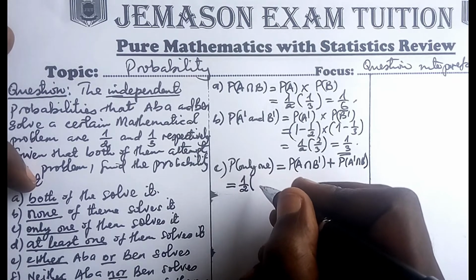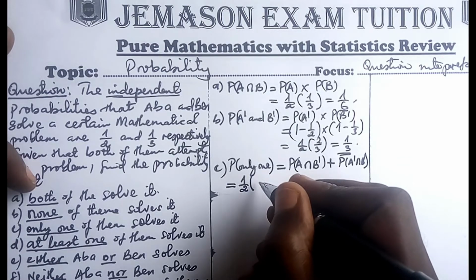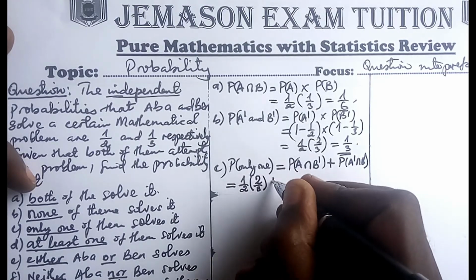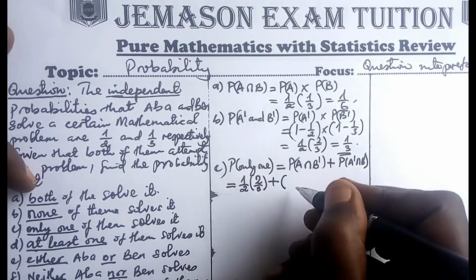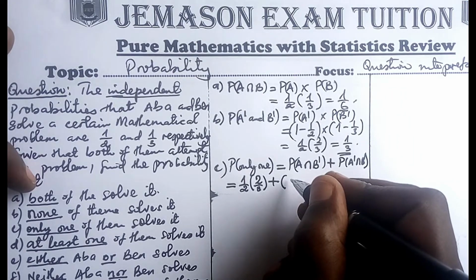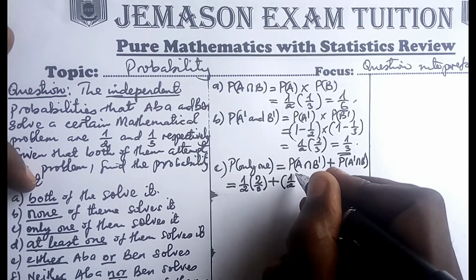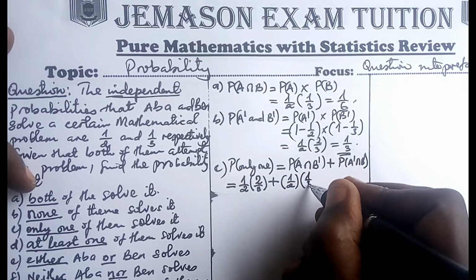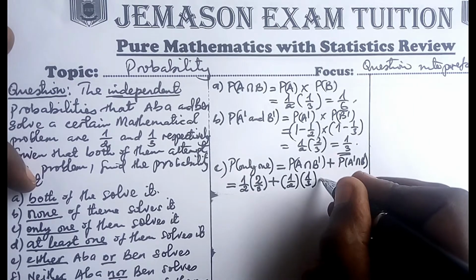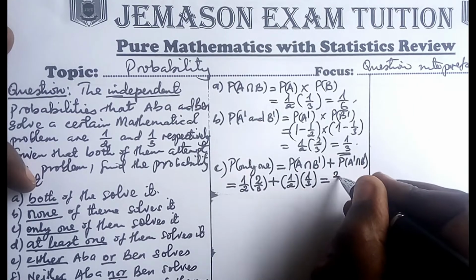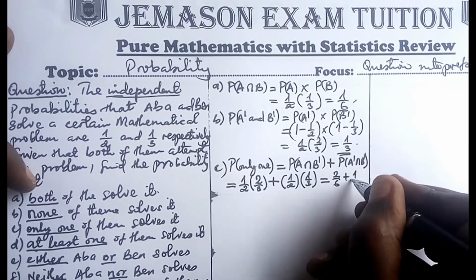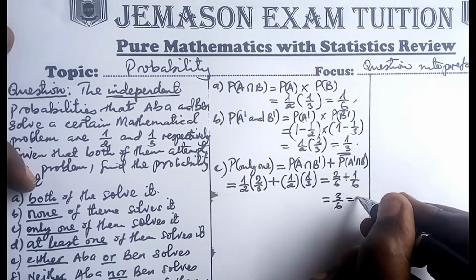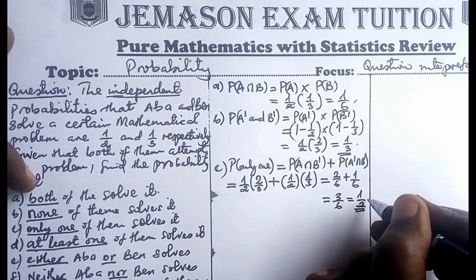B prime is 1 minus B, and B being 2/3, B prime should be 1/3, plus P of A prime. A prime is 1 minus half, which is half, into B, which is 1/3. So we end up with 2/6 plus 1/6, which gives 3/6 and a half.